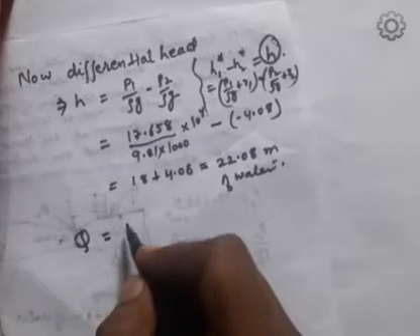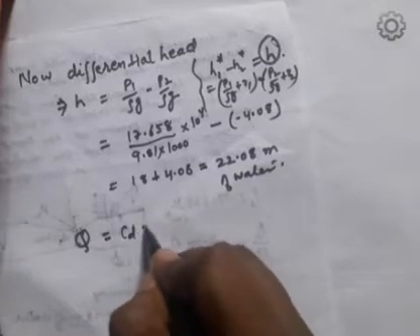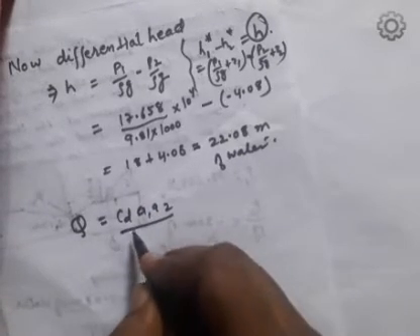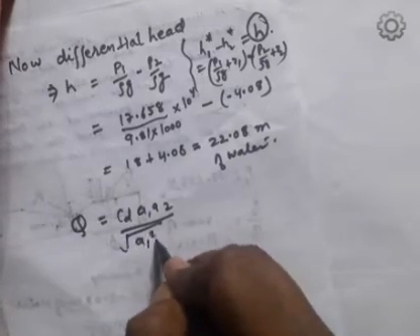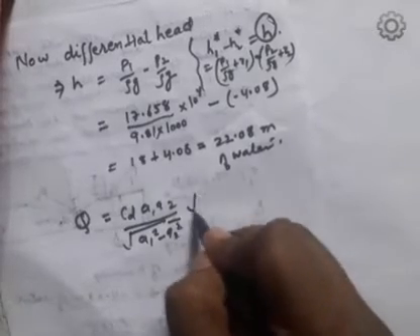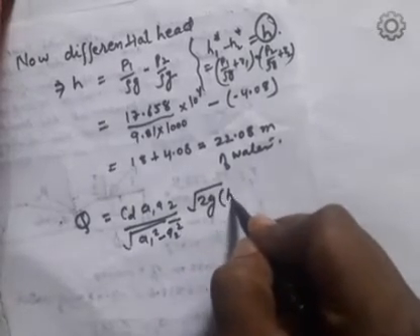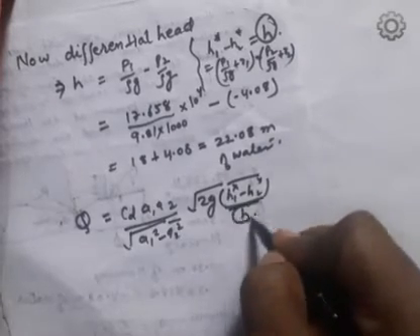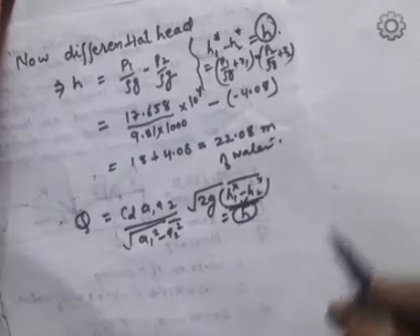Discharge Q is CD A1 A2 by root under A1 square minus A2 square, times root under 2g H1 star minus H2 star, which is equal to H. CD is given as 0.98.